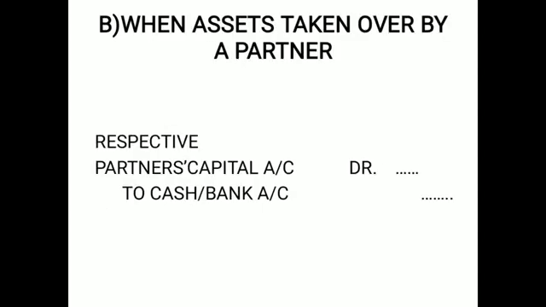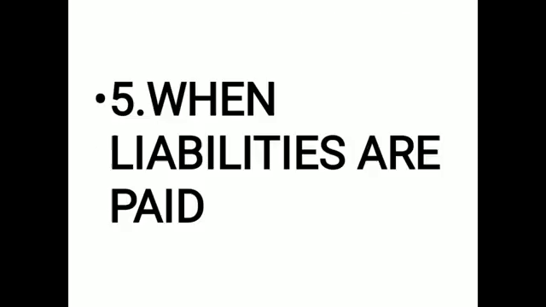And then income is realized from unrecorded asset. So in short, all the assets have been cleared. They have been sold, either taken by the partner, or the unrecorded assets even have been sold. Now where do you utilize the amount that you have received on sale of assets? For the payment of liabilities.